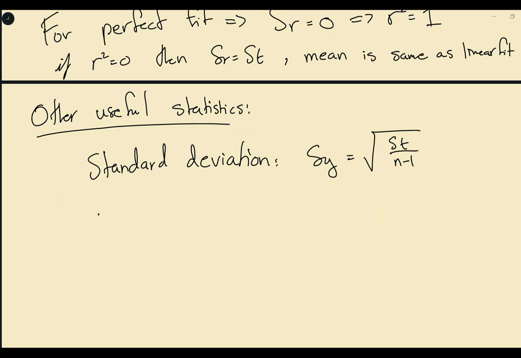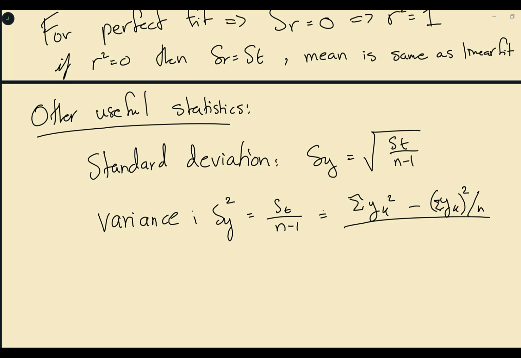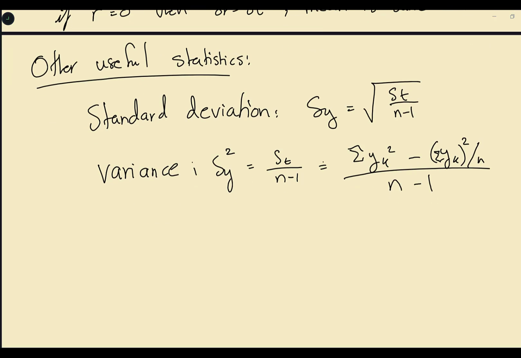Then the variance is Sy squared, so the standard deviation squared. And then the coefficient of variation is CV equals Sy divided by the average y value, times 100%.